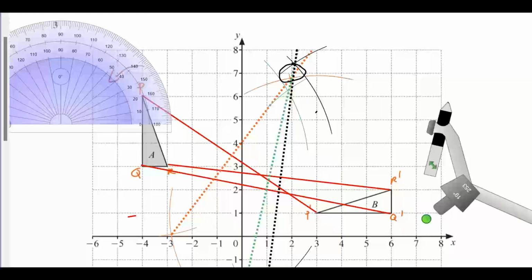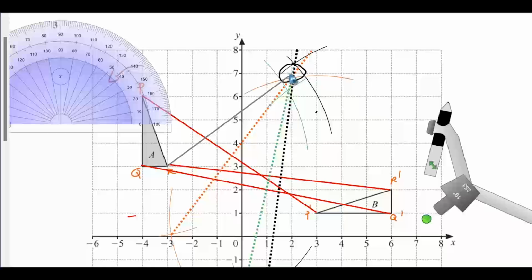Once we get the angle, that will be all, because we already know the direction to be anticlockwise. To get the angle of rotation, we need to draw a line from a point, let's say point R, from the object which is triangle A. We draw it to the center of rotation.